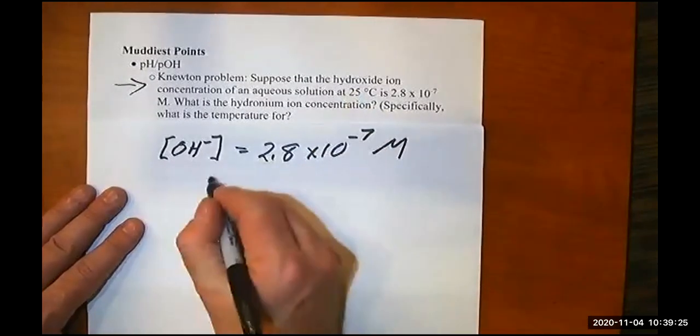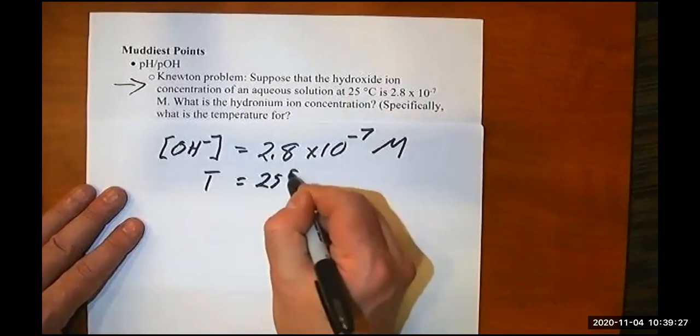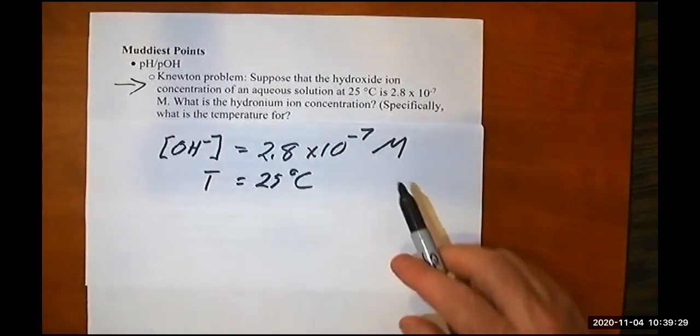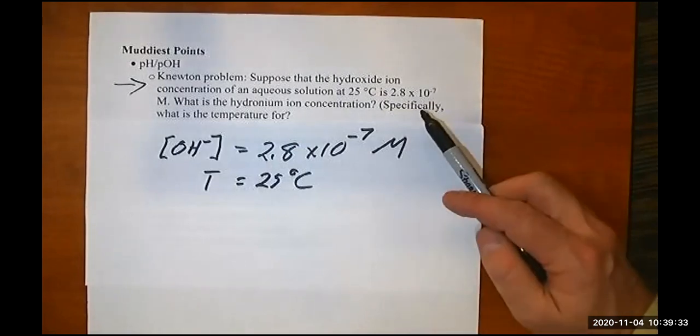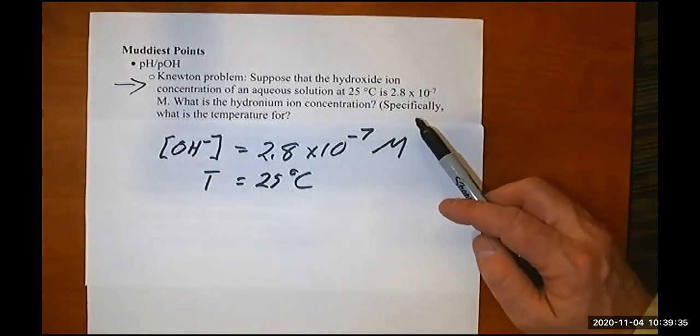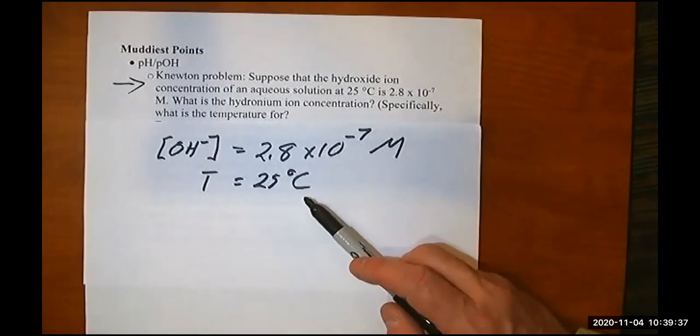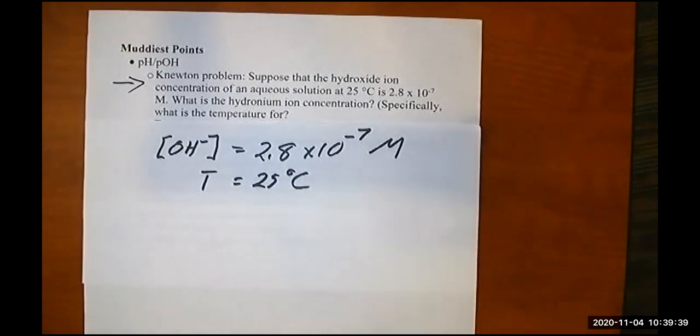We are told that our temperature is 25 degrees C, and we need to find the hydronium ion concentration. Specifically, the question in Piazza was, why on earth are we being told what the temperature is? Does anybody have a suggestion about why we need to know the temperature for this particular calculation?